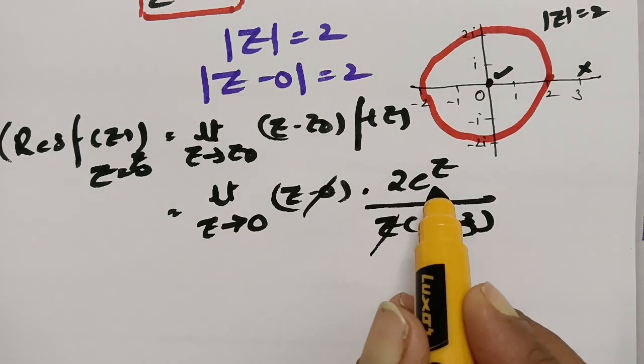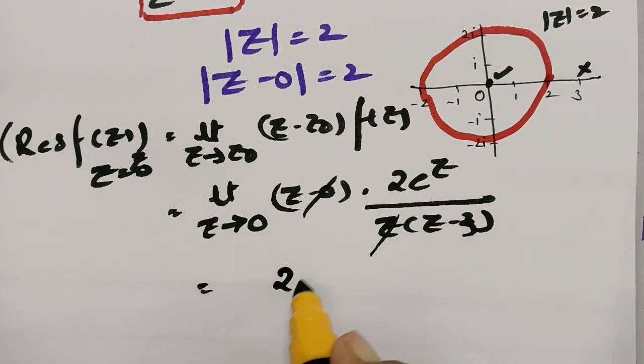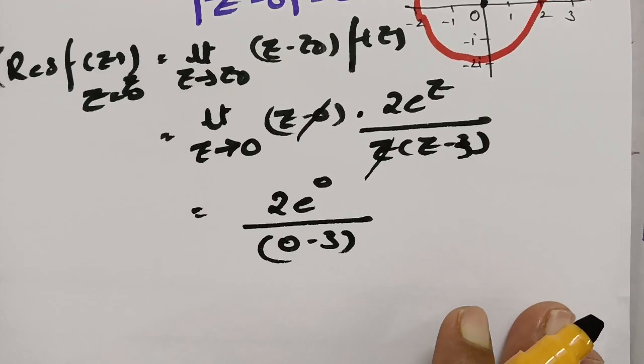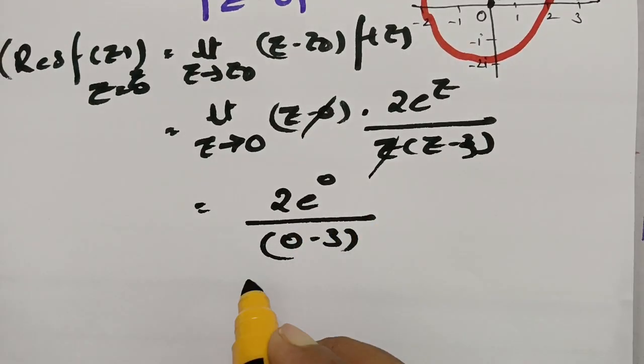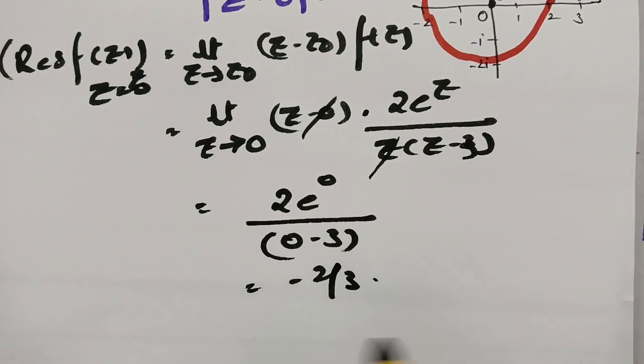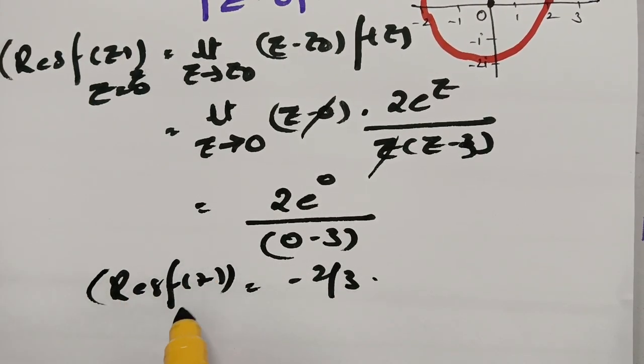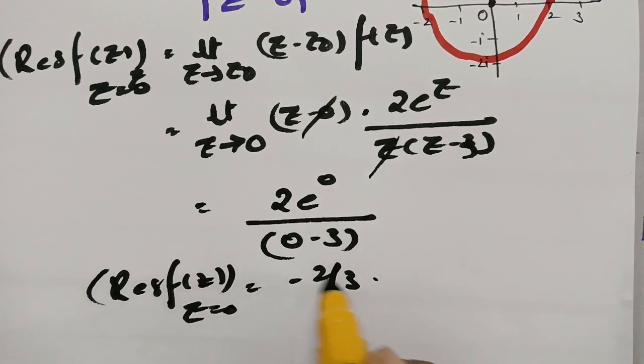In the rest of the function, if I substitute 0, this is 2 e^0 / (0 - 3), and anything to the power of 0 is 1. So this will be minus 2/3. So the residue of f(z) at z = 0 is minus 2/3.